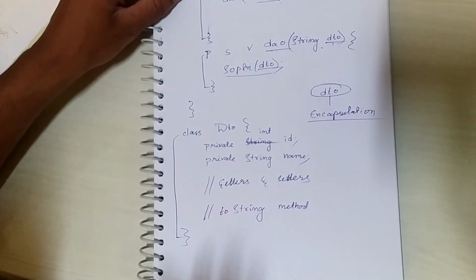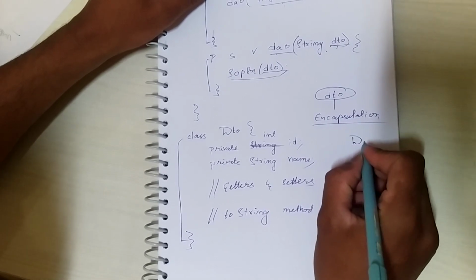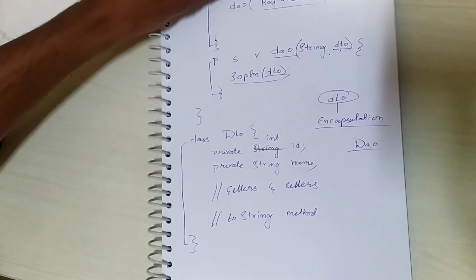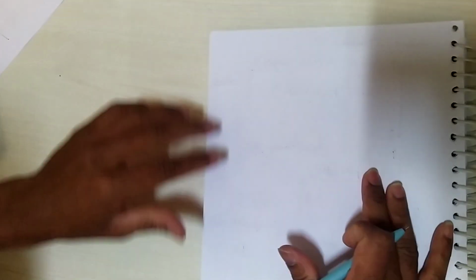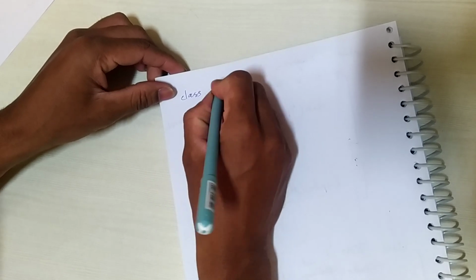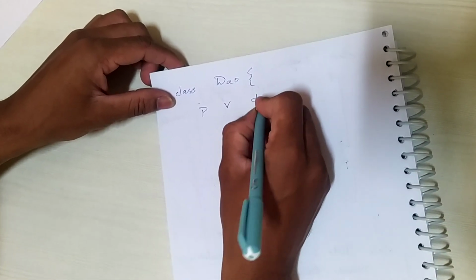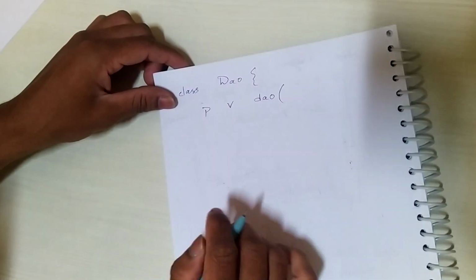Our first layer is completed, and next we design the DAO layer. It is a very simple task. We'll name the class DAO, and inside this DAO layer we will create the save method. We do not do anything extra.